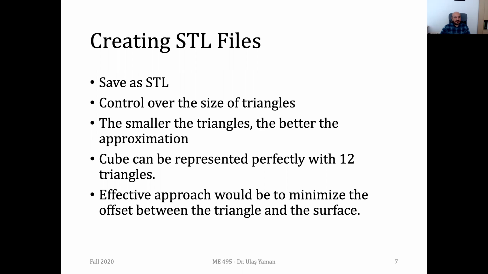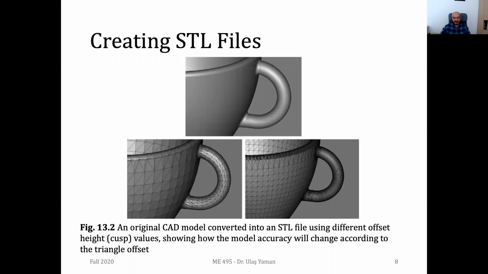And while saving, actually we are trying to decrease the gap between the original surface and the approximated surface. You may have different approaches, but in such cases, it's better you have as many triangles as possible. Here you can see our famous example, the cup shape.